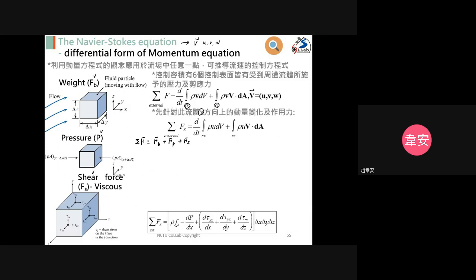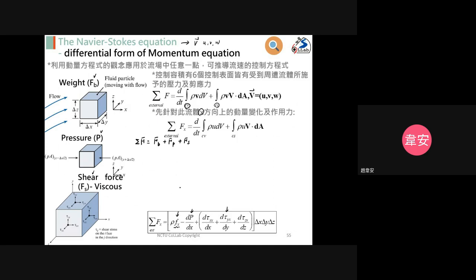We assume we have the acceleration Fx related to the body force, multiplied by rho, the fluid density, and then we have the pressure gradient, and some force related to the viscous stress tau.